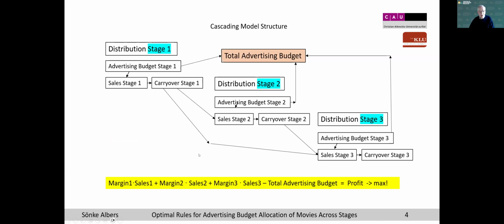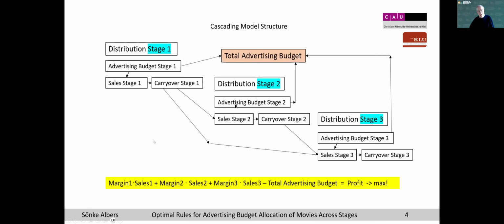And in order to understand this structure, I have here a slide with a distribution stage 1, distribution stage 2, and 3. The budget in the respective stages will influence the sales, but also the carryover to the next stage.